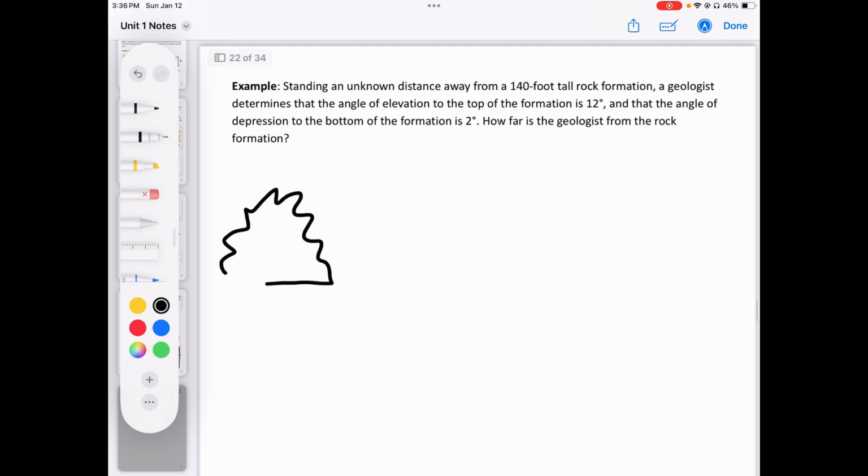Here is my rock. I was an artist in a past life. It looks like we are far away, an unknown distance, so we don't know. This is our unknown distance. It looks like this guy is 140 feet tall.